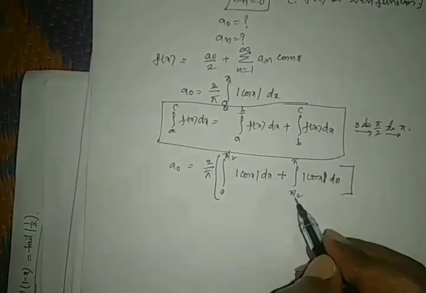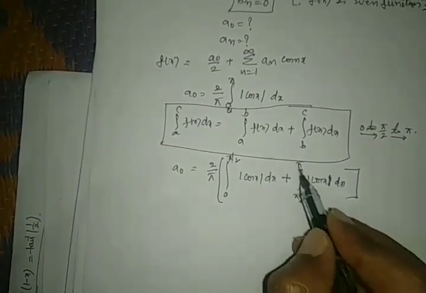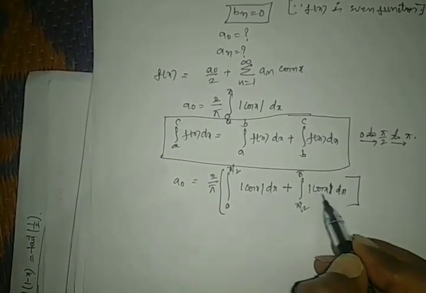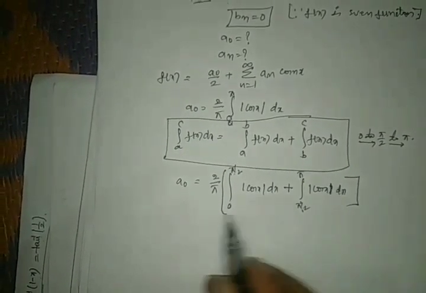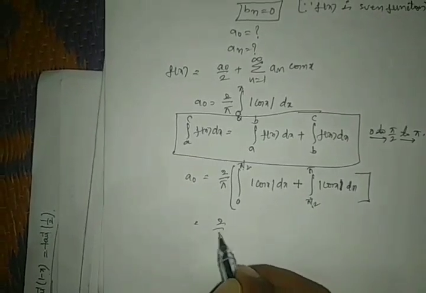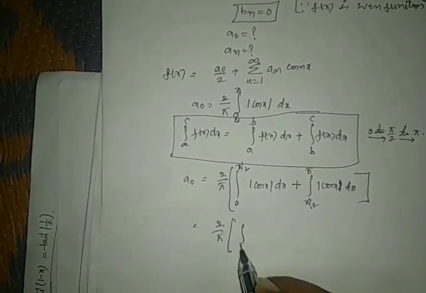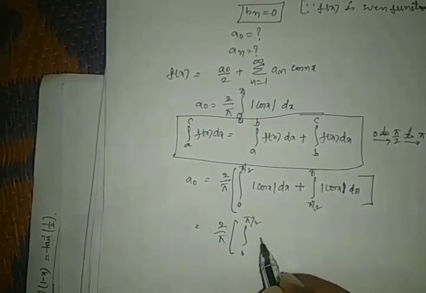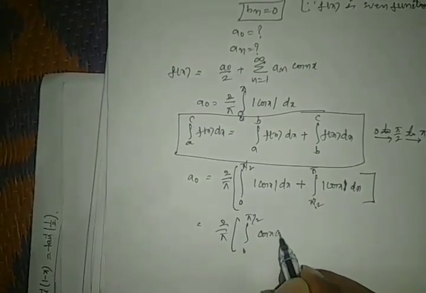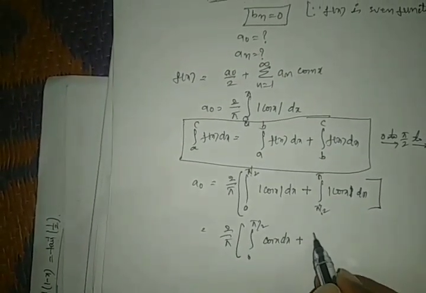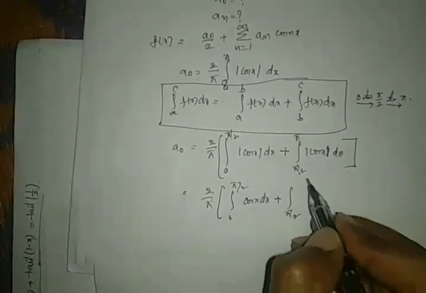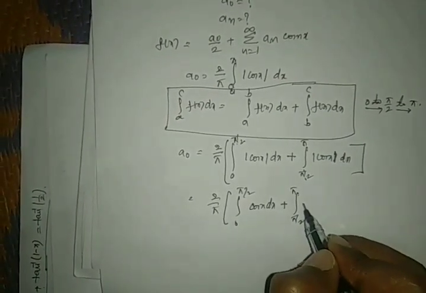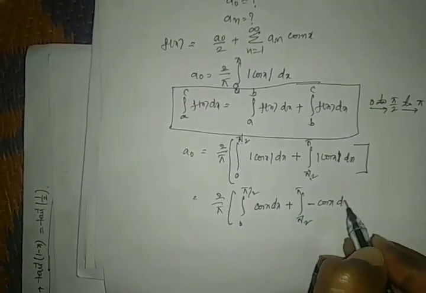This pi by 2 to pi is the second quadrant, and in the second quadrant cos is a negative value. So 2 by pi into integral 0 to pi by 2 cos x dx plus integral pi by 2 to pi negative cos x dx.